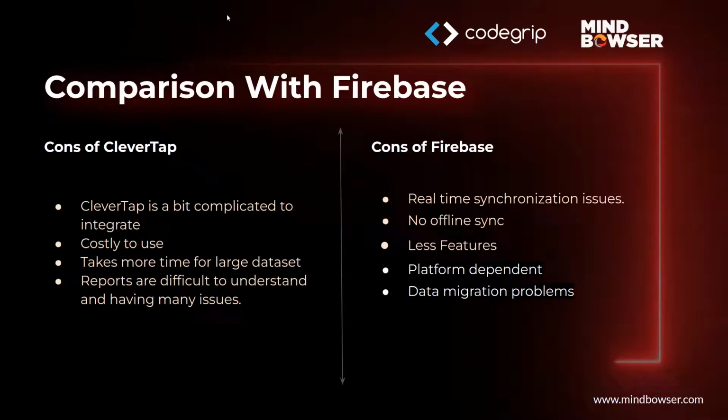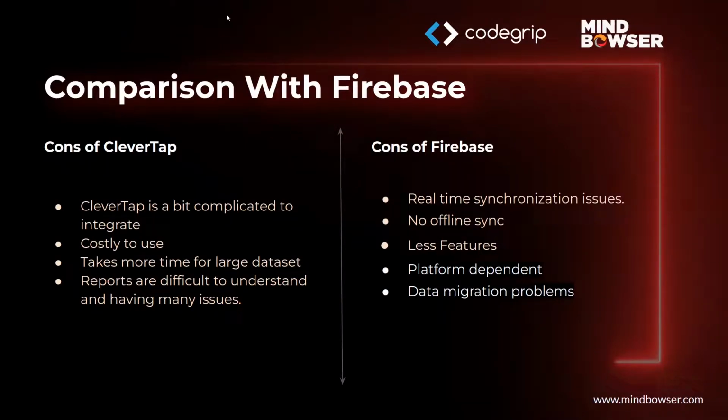Then we will see cons of Firebase. So Firebase has real-time synchronization issues. For Firebase notification and messaging, there is an issue with real-time synchronization. It might take some time. Then offline sync is not available in Firebase. And as compared to CleverTap, Firebase has fewer features.